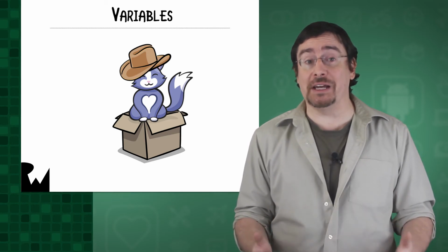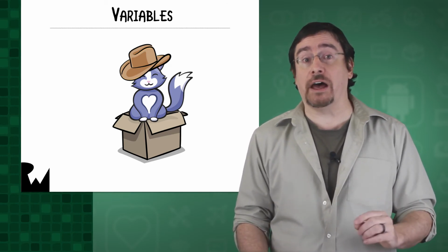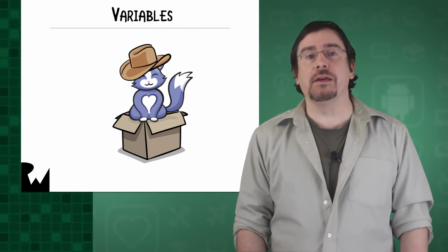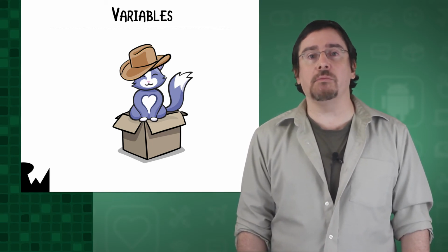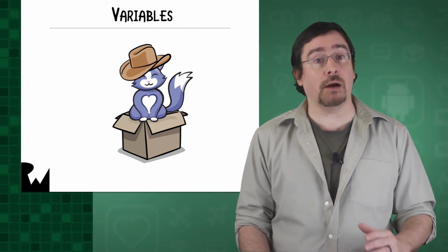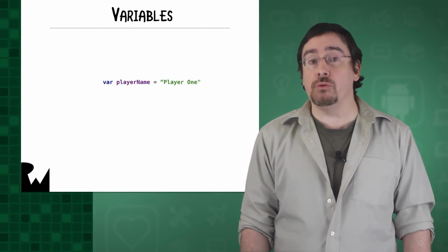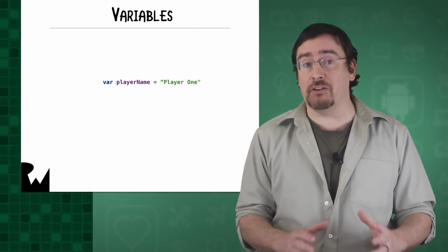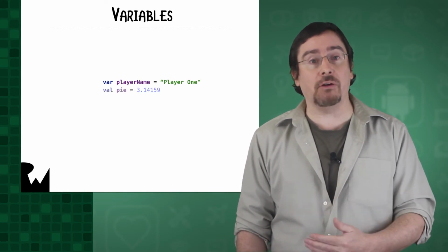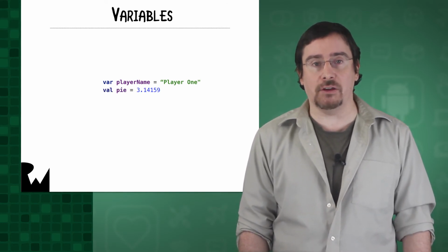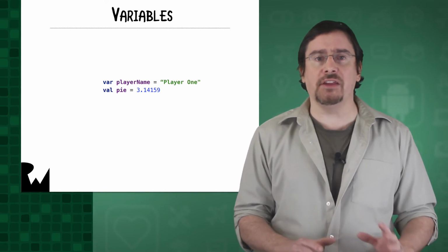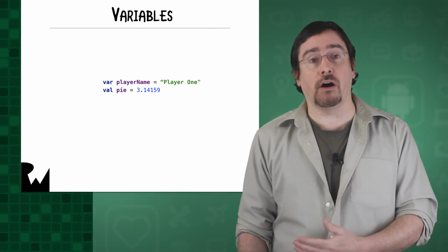That's the whole point behind variables. Their stored values can vary. You indicate variables in Kotlin by preceding the variable or property name with a var keyword. If the value will not change, meaning it's not a variable, then you would use the val keyword to indicate that it is a value. But you probably won't see that as much as you would see the var keyword.